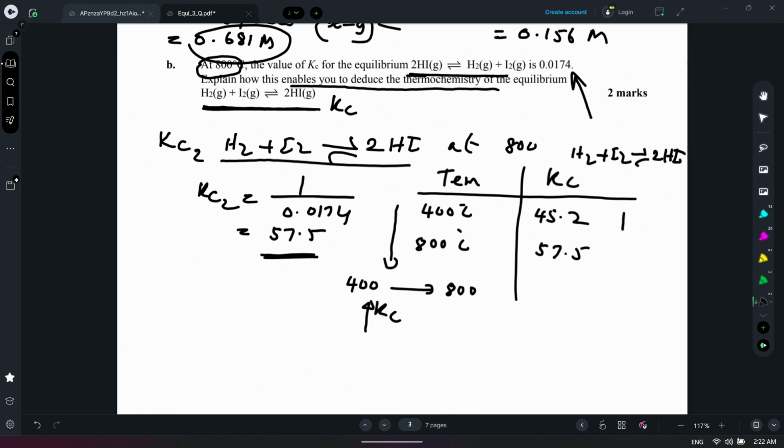What do you think has happened? In order for Kc to have increased, the forward reaction has happened. So when you increase the temperature, the system has favored the forward reaction, because in order for Kc to go up, you need to be producing more product, less reactant. In other words, the forward reaction has happened when the temperature is increased.